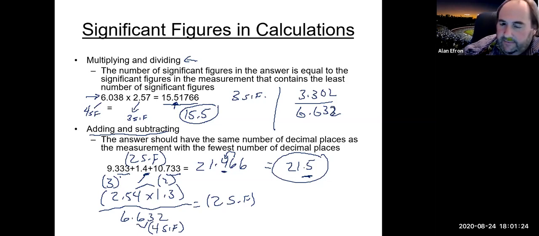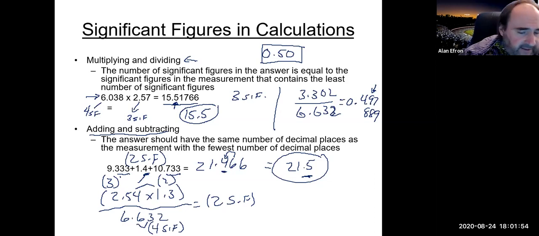Divided by 6.632 gives us 0.49789. In this particular case, we would want to go to 2 significant figures, which would put us here, and that's a 9. We would look at the next number, which is a 7, which means we should round up, and you should get 0.50, which would be 2 significant figures.